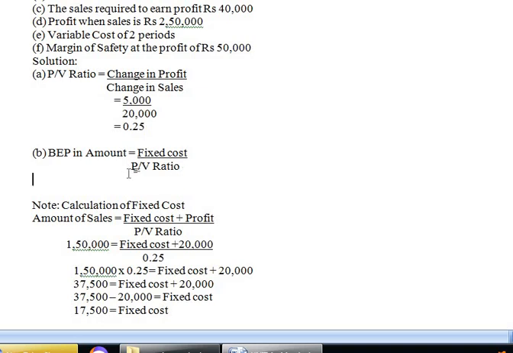Now come to the second point. Now fixed cost we know, that is 17,500, divided by PV ratio. Also we know PV ratio is 0.25.